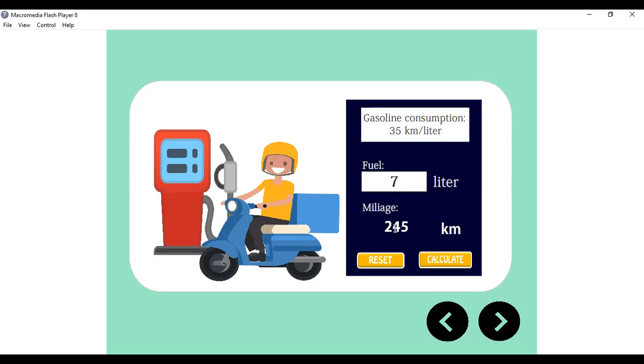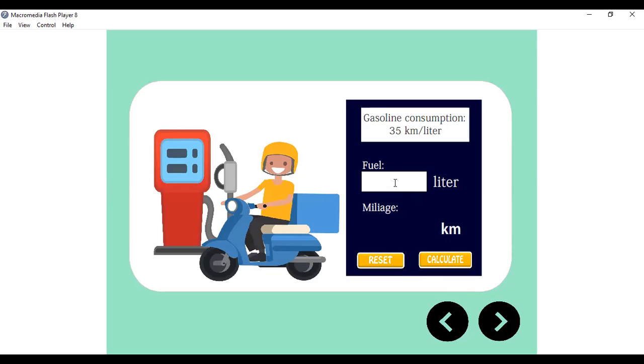then we calculate, and the result is 245 kilometers. If we reset it, it will start again.